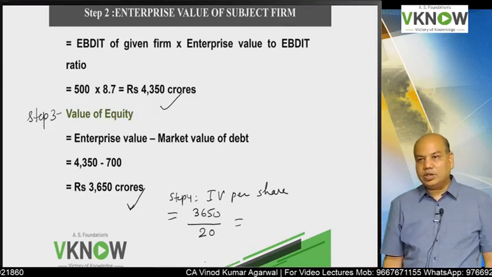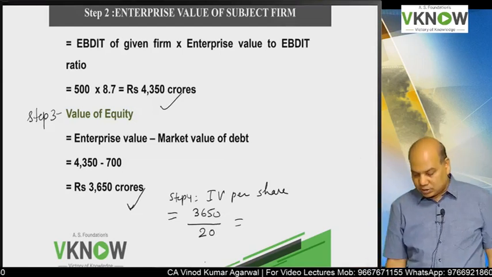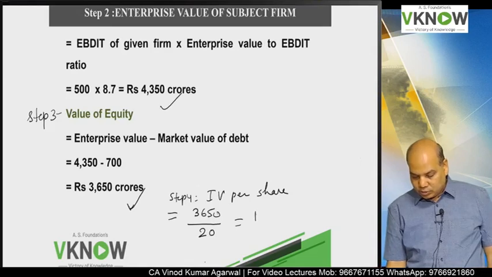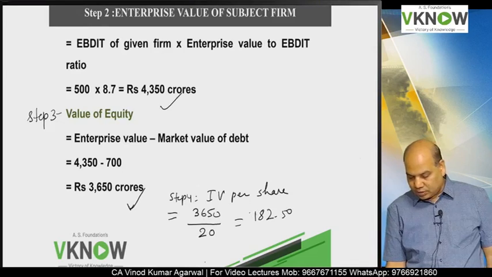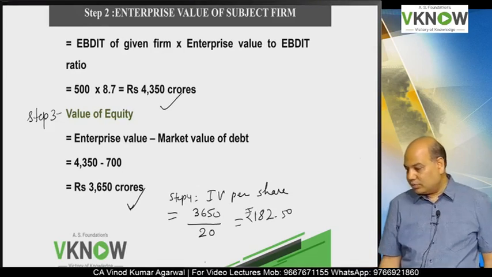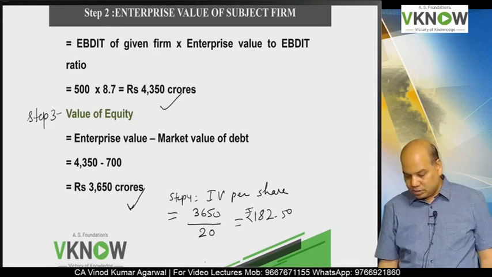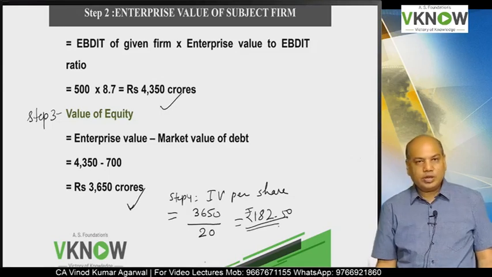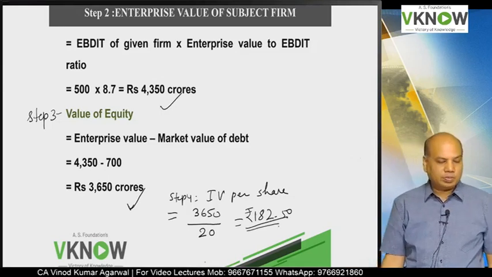How much would be the answer? Is it 182.50? Just check. I am doing it directly. 182.50. Okay. So 182.50 would be the intrinsic value per share.